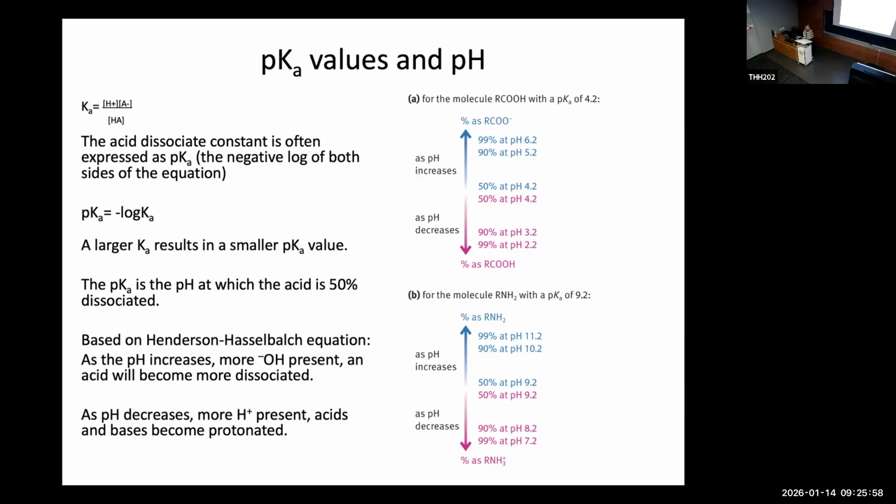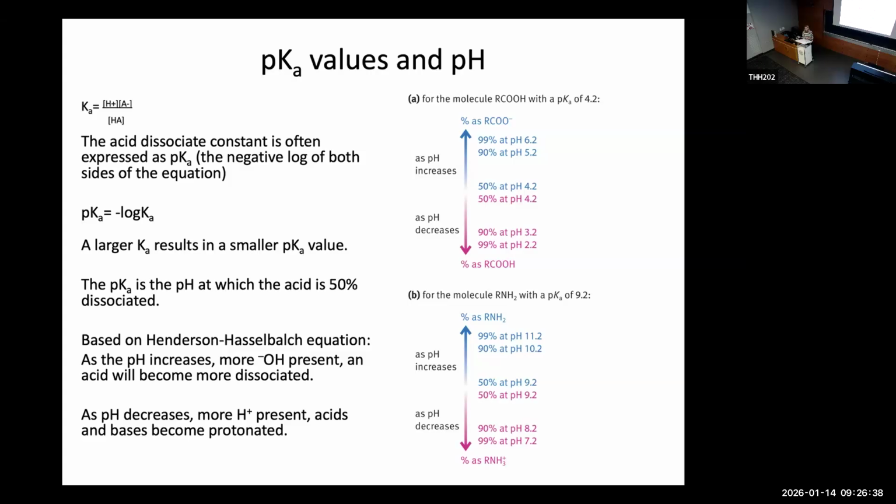We just defined that at the pKa value for any one particular acid, it is half in its associated form, meaning half of it has its proton bound to it, and half of it has lost its proton. So that is at a pKa that's specific to a particular acid. So this generic acid has a pKa of 4.2. So at 4.2, half of it is associated and half of it is dissociated.